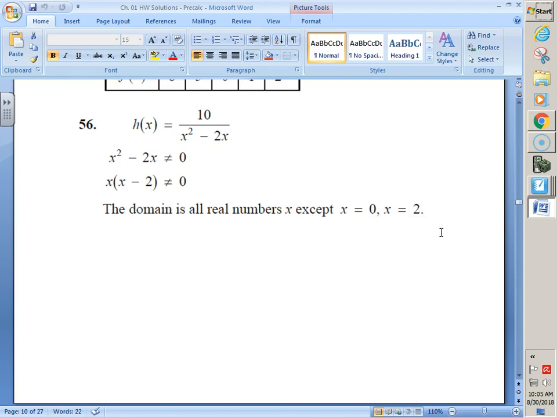Denominator not equal to 0, straight out of the notes. Some of you made the mistake of not factoring. If you added the 2x and divided, you would have gotten the 2. You just wouldn't have gotten the 0. So when you factor, set each one equal to 0. X equals 0? Yeah. X minus 2 equals 0? Yeah. Those are the places where the domain cannot be.